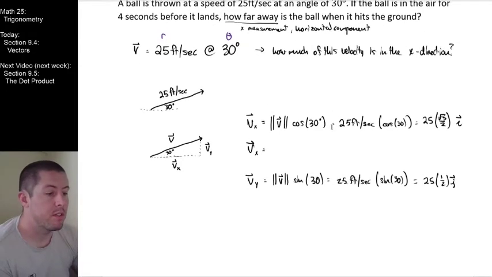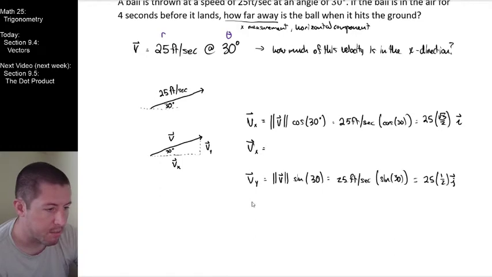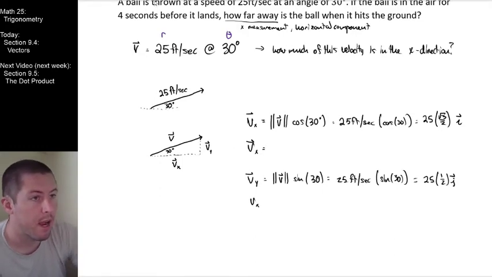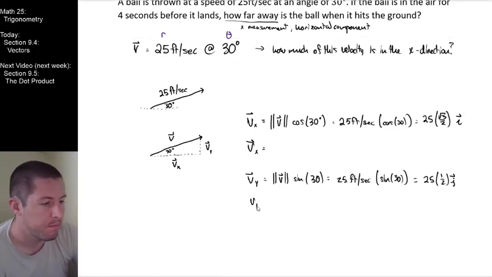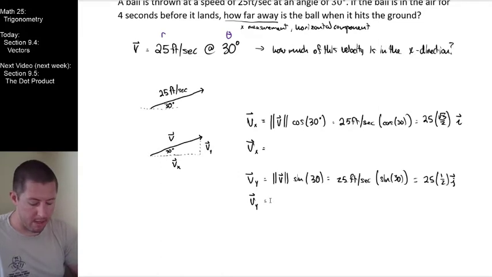So let's go ahead and get our decimals for each of these. v sub x, v sub y. I'm going to go to my calculator here and do my arithmetic.